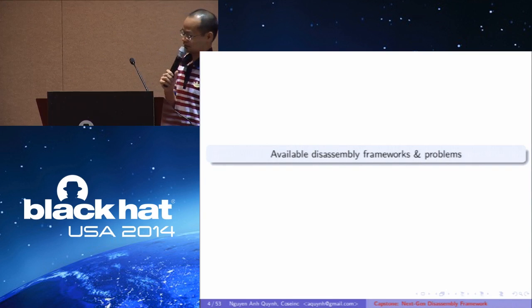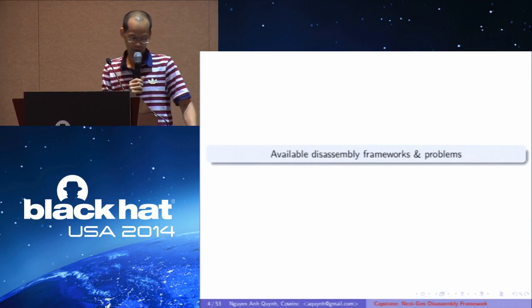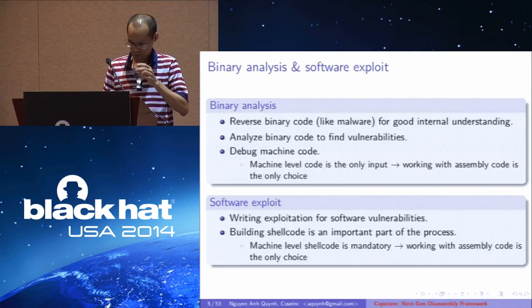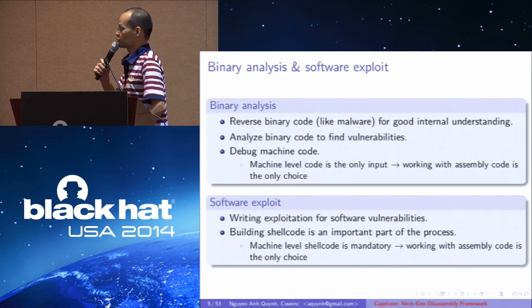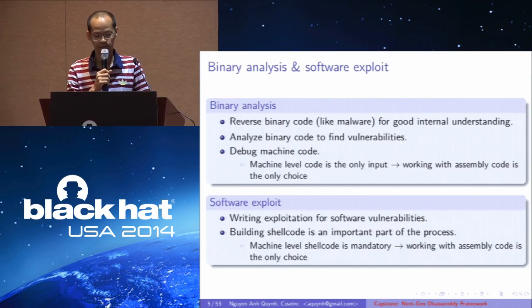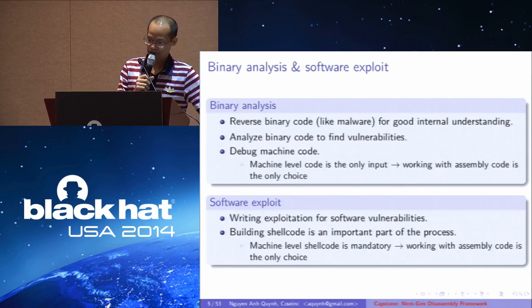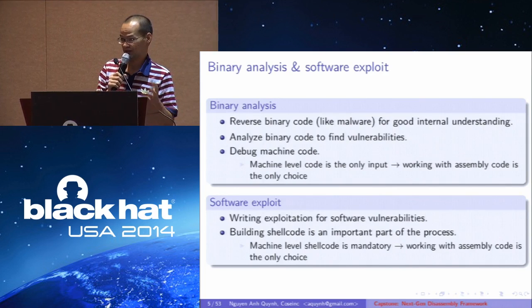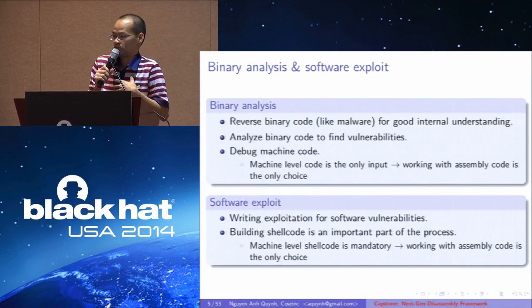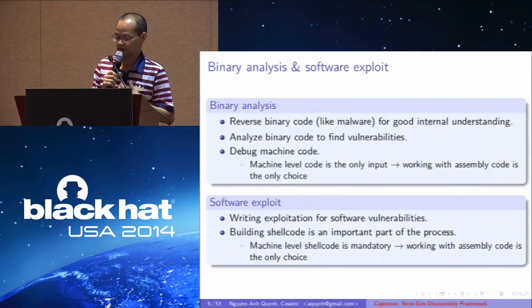Okay, the first part is where I introduce all the available frameworks and their problems. We are looking at two major areas in computer security. The first one is binary analysis. You can reverse binary code to understand what it does inside, for example, reversing a malware to understand its internals.